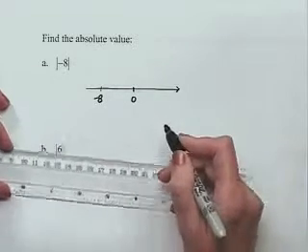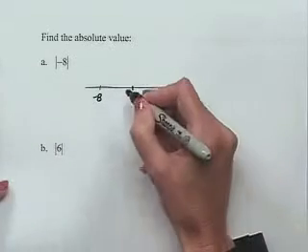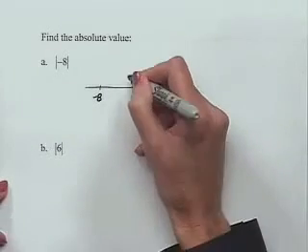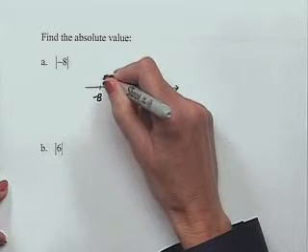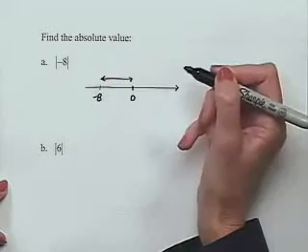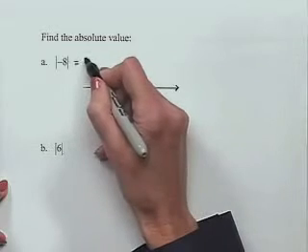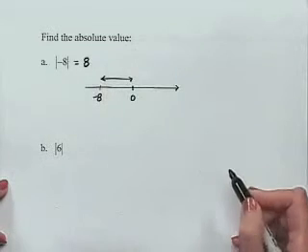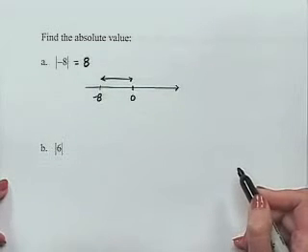The absolute value can be thought of as having as a physical concept the distance that the value is from 0. Distance would be a positive number, so we're going to end up 8 units to the left of 0, and we would say the absolute value of -8 equals 8.